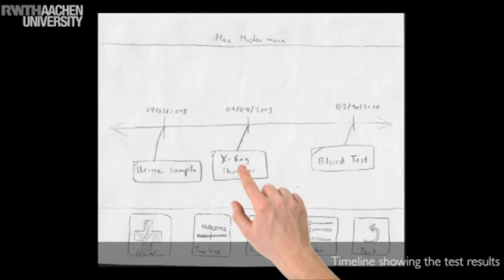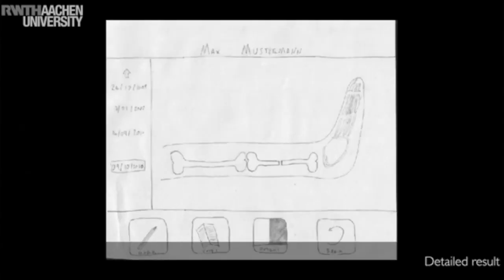So this screen shows you the various examinations he's been through in the past, and you have a timeline showing those, the patient and all his tests. So what happens if I touch on the X-ray maybe here? Let's see what happens then.